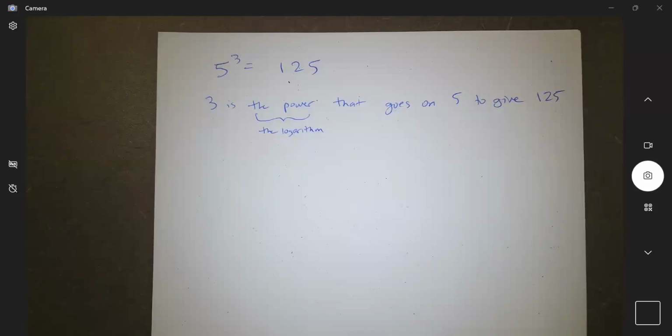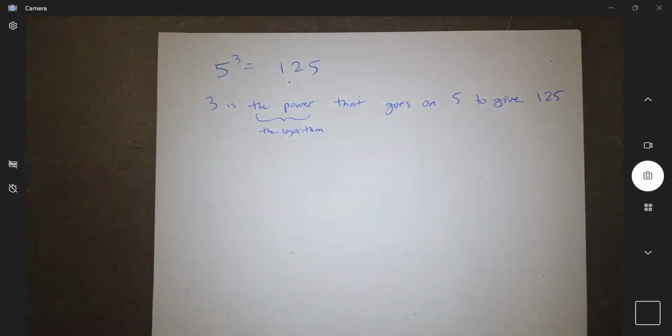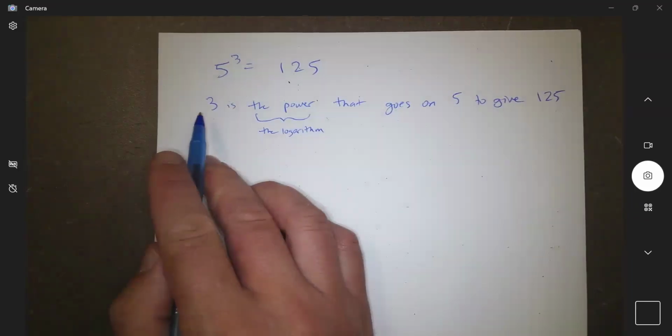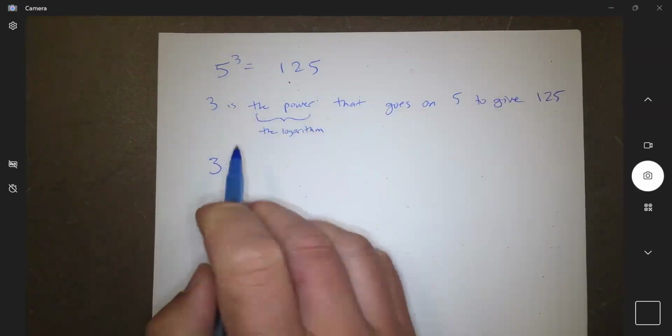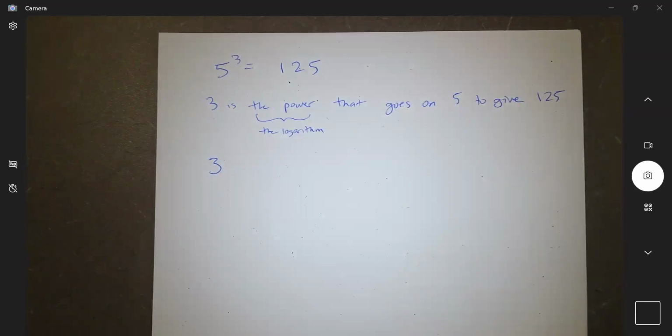So now I'm going to take this verbal form and convert it back to symbols, but I'm going to write it with a logarithm instead of an exponential. 3, that's the number 3. What's the mathematical symbol we use for is? Equals. 1 plus 1 is 2, right? 1 plus 1 equals 2.